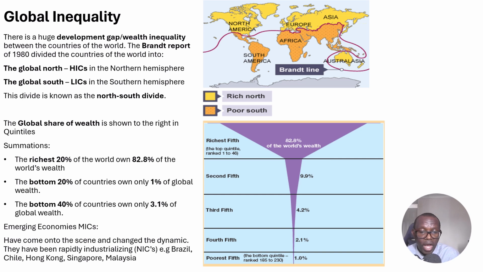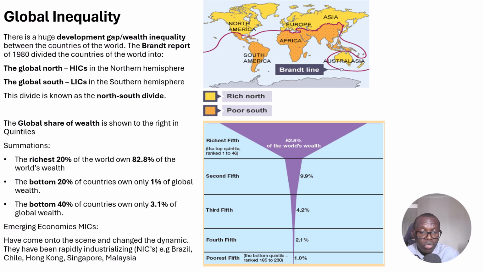Nowadays, however, we have what are referred to as emerging economies. Now, these have come onto the scene and have changed the dynamic that was suggested by the Brandt report in 1980. And those countries have been rapidly industrializing and obviously growing economically and wealth-wise.